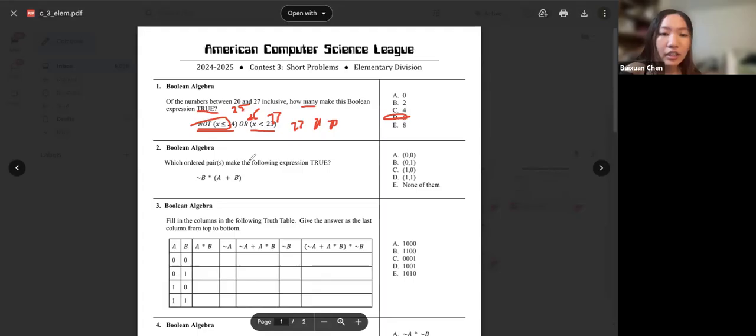Okay, and then for the second expression, which ordered pair makes this true? So that means we have not b times a plus b. So b has to be 0.